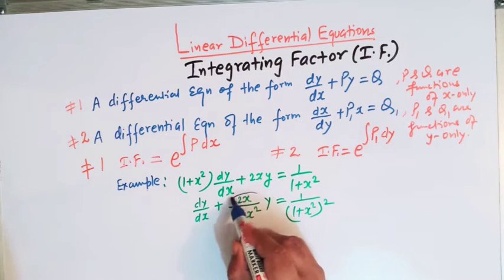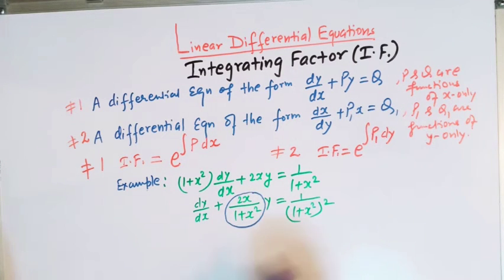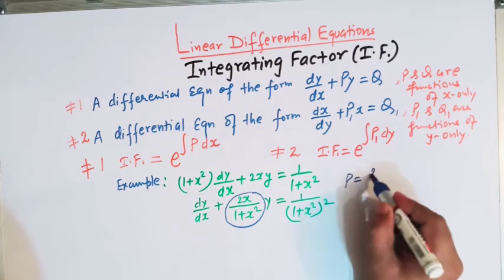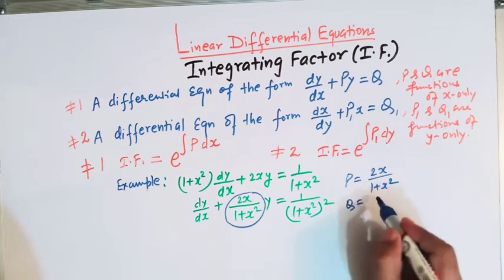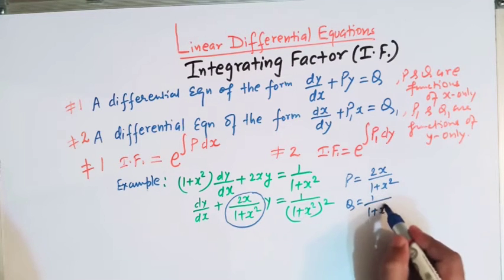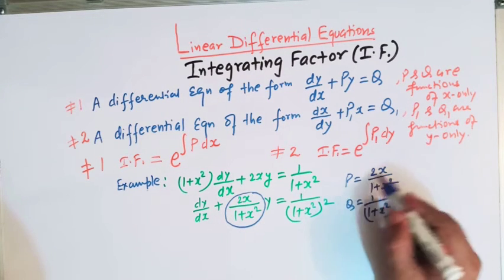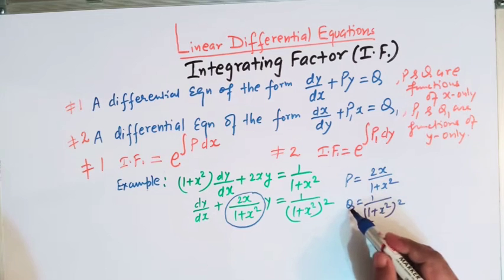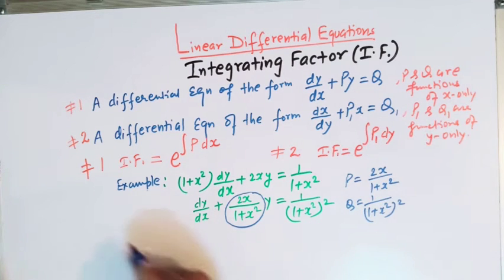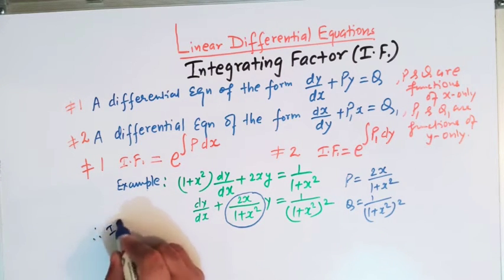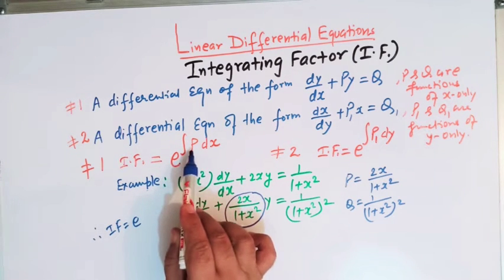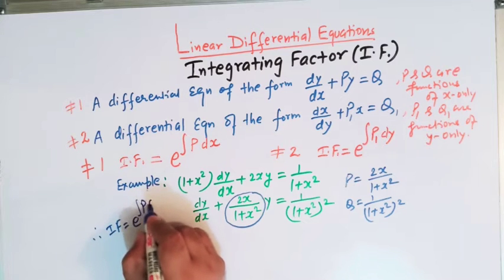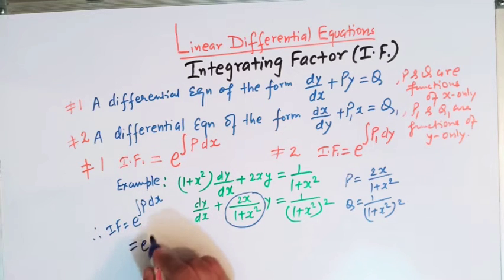So here we have this value as p, and the value of q is 1/(1 + x²)². This is a function of x, and q is also a function of x. So therefore the integrating factor is given by e raised to the integral of p dx, and here we substitute the value of p.